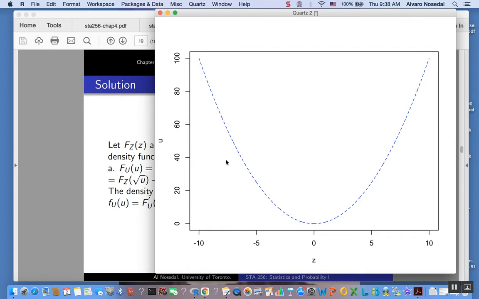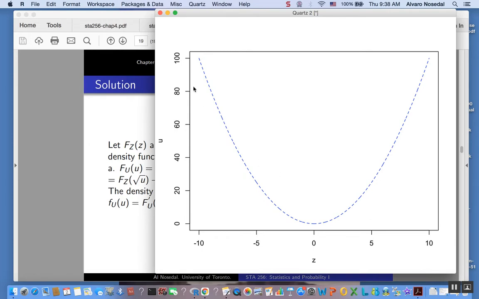And then we see that if, say for instance, we had 100 here, if z squared is going to be less than or equal to 100, then z, the original random variable, has to be between negative 10 and 10, which is negative square root of 100 and positive square root of 100.